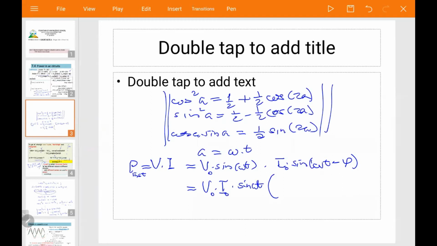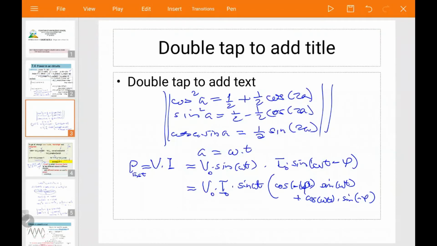That is like saying a minus b. So that will give you sine omega t times cos of minus phi, plus cos omega t times sine of minus phi. Do not forget what we said about minus earlier.